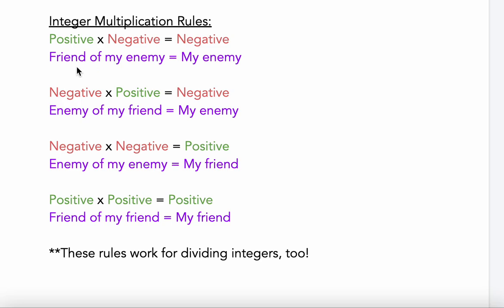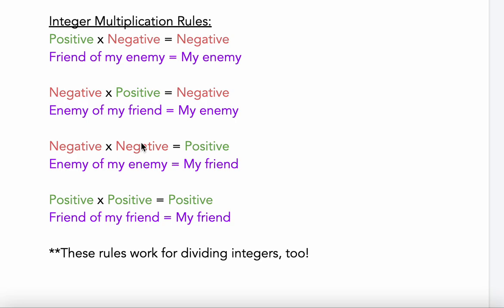So they'll say positive times negative equals a negative because a friend of my enemy is actually my enemy, because I don't like whoever my enemy likes. They think negative times positive is equal to negative because the enemy of my friend, positive, is also my enemy, because how dare you not get along with my friend? I also don't get along with you.